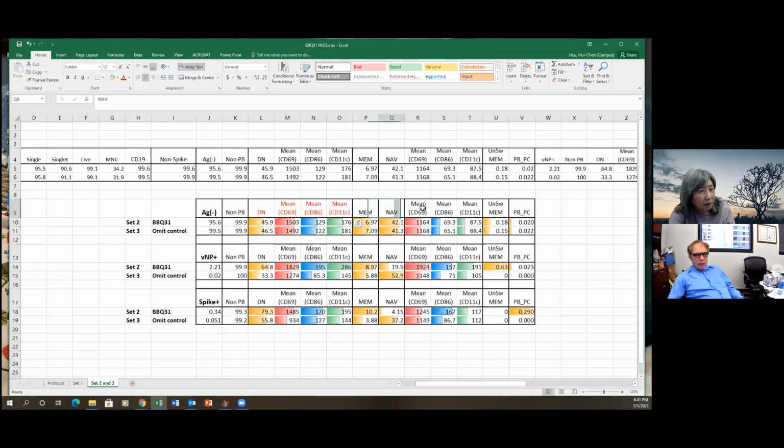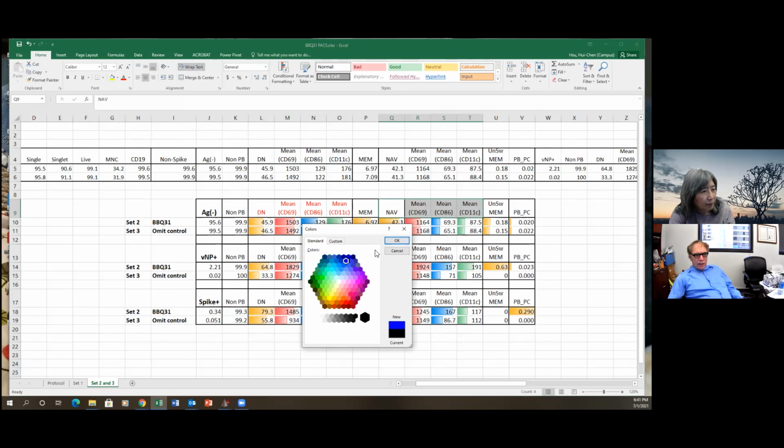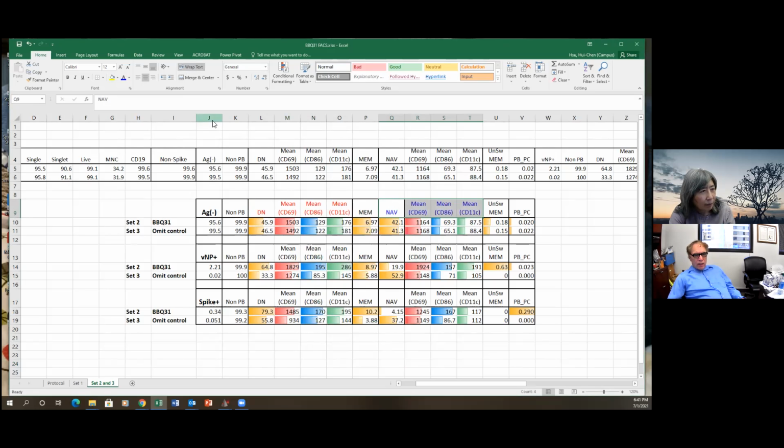And this now is naive. Yeah, I didn't realize that. So CD86 is higher there, and it's even higher in the spike. Here is memory. I may look at memory further.